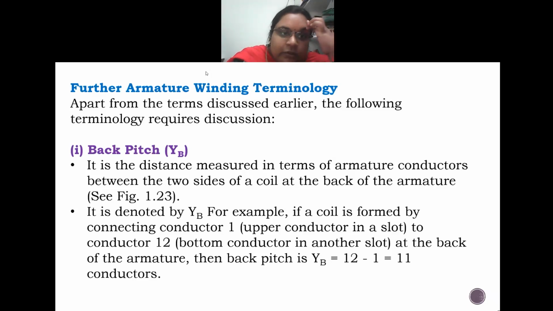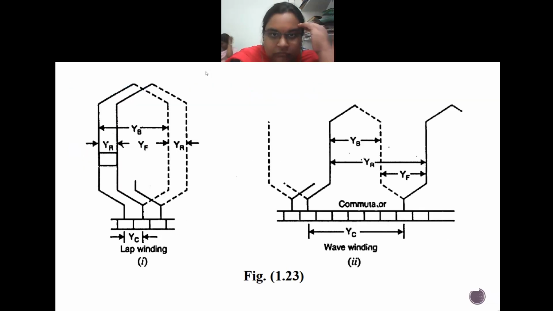If you are taking the two sides of the coil, but you are measuring them from the back side, then that measurement of the distance between two coil sides is called the back pitch.